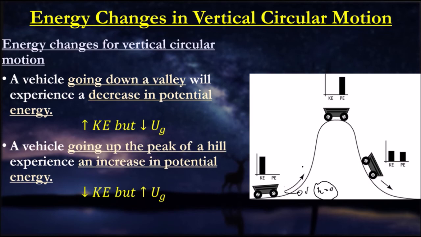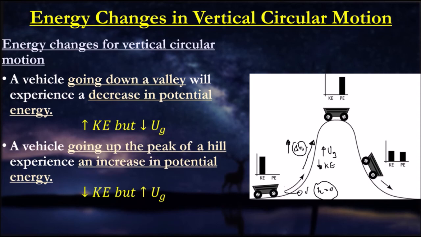As we go up this hill, we can expect that gravitational potential is increasing, and we are seeing a decrease in kinetic energy because height is being changed. The change in height is increasing. So what can we say in that case?